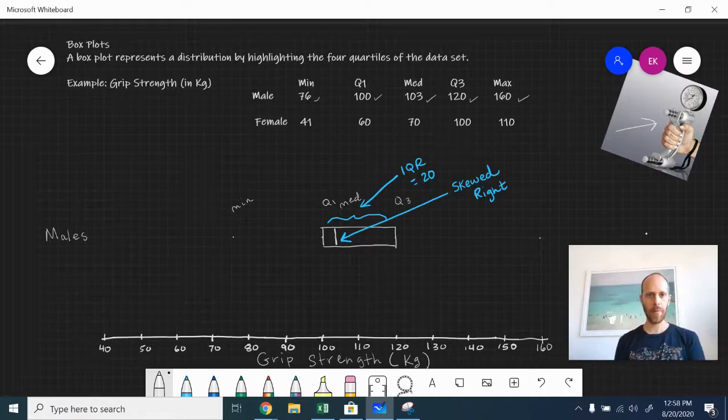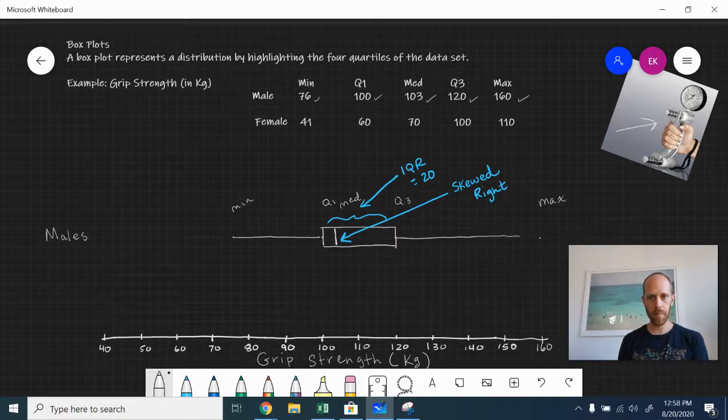The other 25% are from the min to Q1 and from Q3 to the maximum, which I never labeled. And we draw some whiskers in to represent those two 25%. Okay, so there is our box plot.